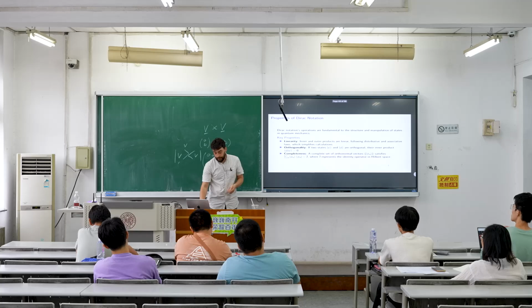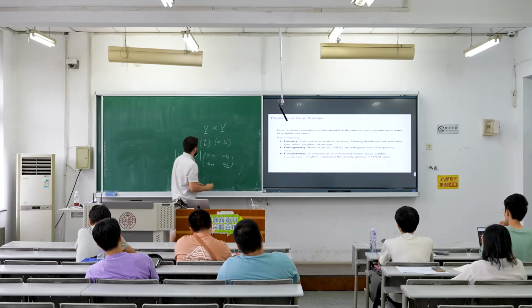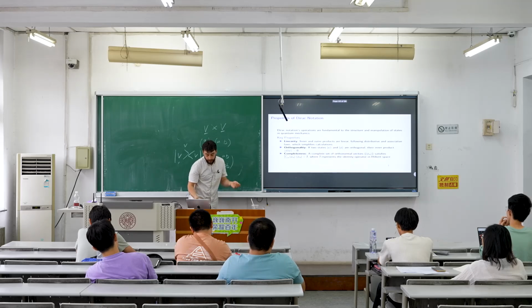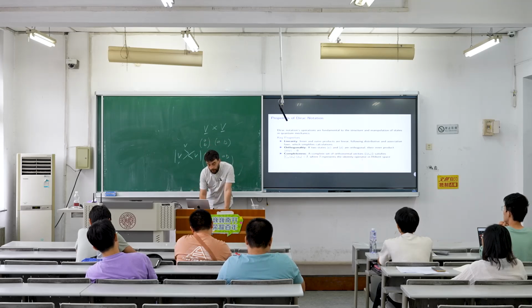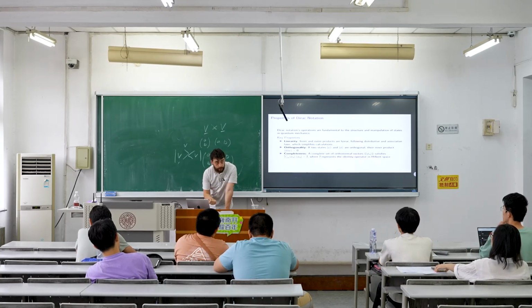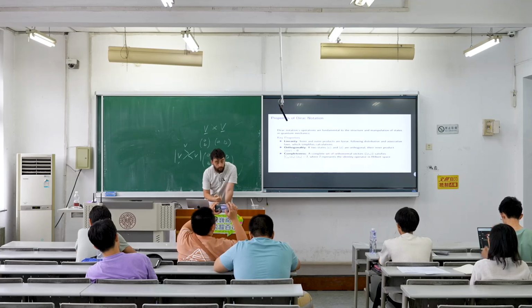Right, so inner product, outer product. I suppose we should also say matrix elements. Quantum mechanics is linear algebra. More than anything else, it is an example of linear algebra. Everything exists in a Hilbert space.